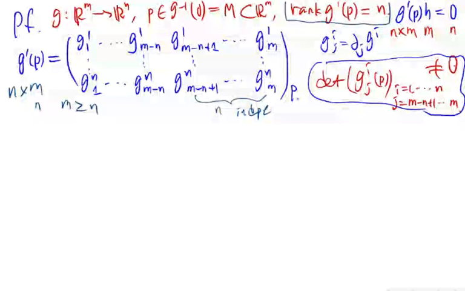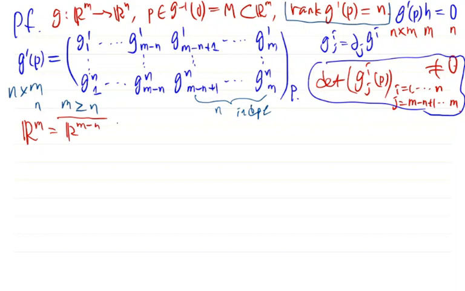Okay, so n is not less than m, therefore we can split our Rm into Rm minus n cross Rn. That is to say, a point x in Rm, we decompose x by (z, y) in Rm minus n cross Rn.